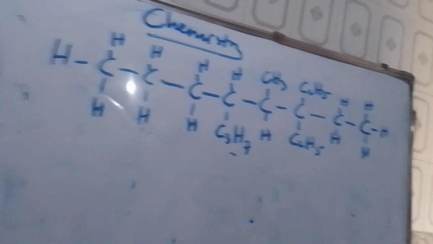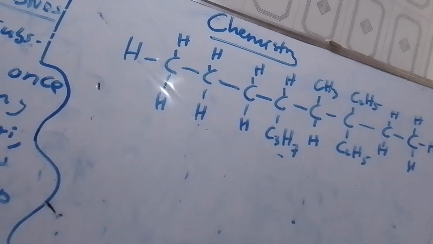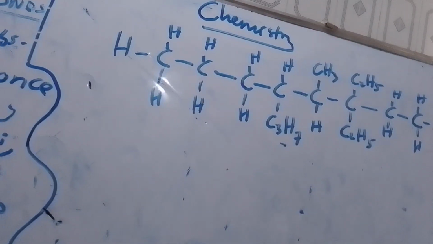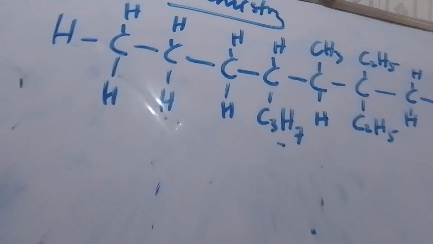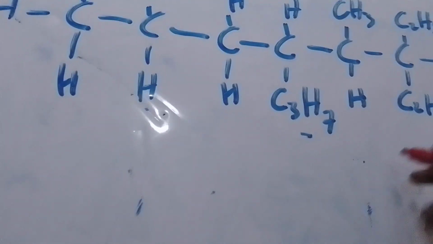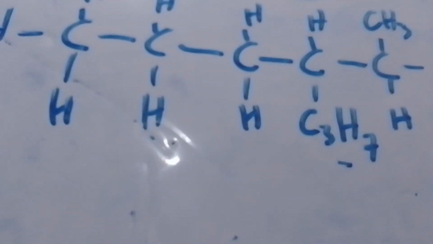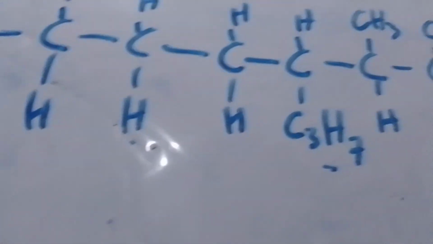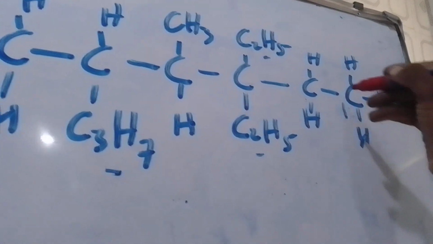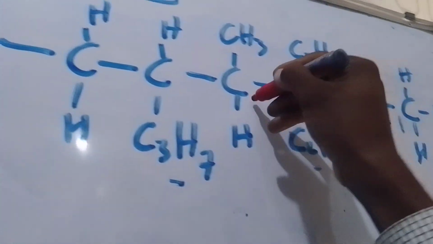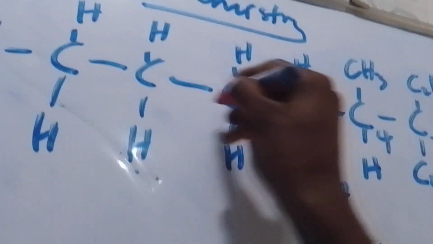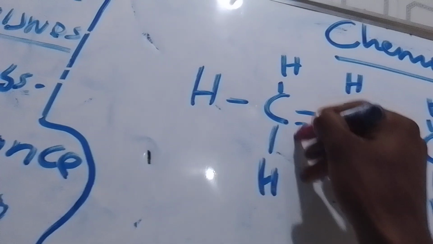The rule is that if you have different alkyl groups in a particular compound, we should name them in alphabetical order. So if I want to give the name of this compound, the first thing is to number the compound. We'll start from my right, because we have more of the compound there at the right. So we have 1, 2, 3, 4, 5, 6, 7, and 8.